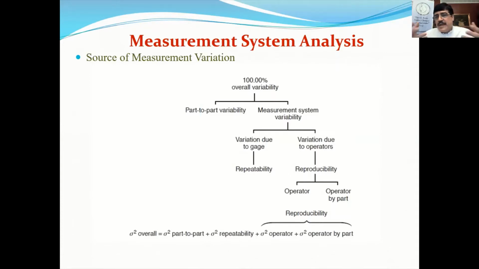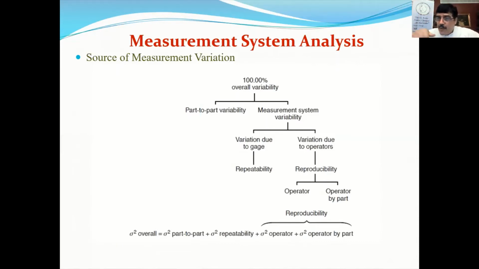Of course, when you get the data, it will not be the same, and there are sources of variation. Let's say you're measuring the height of a Pepsi can, or the weight of a potato. There is variation. They are different. So the sources of variation come from two ways, basically. Either the variation of the part itself, because each part is different.